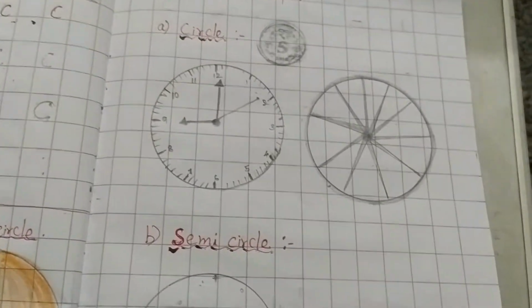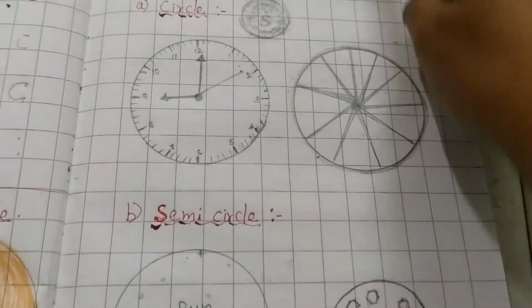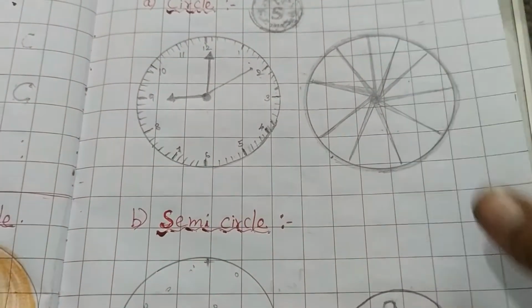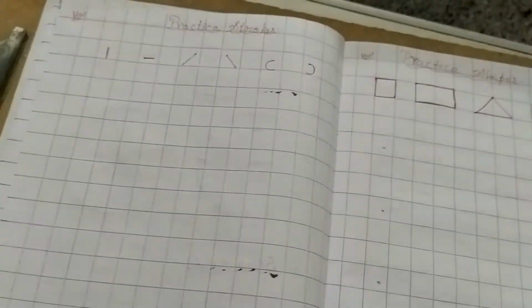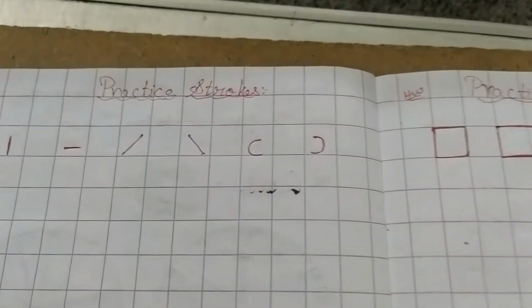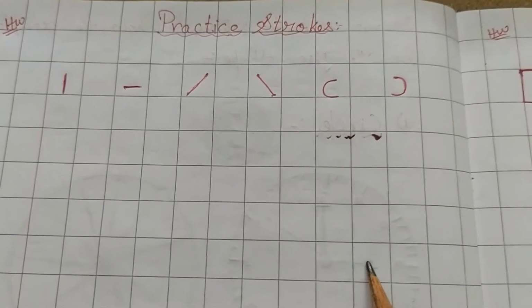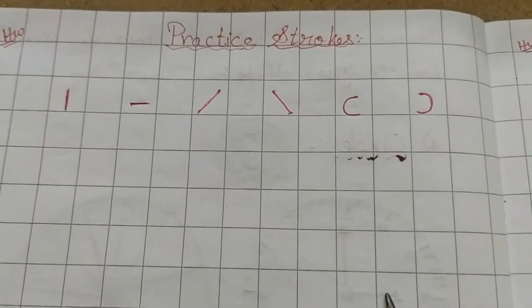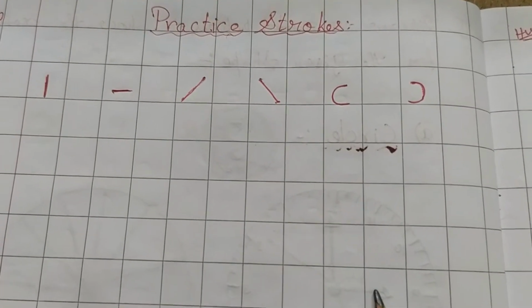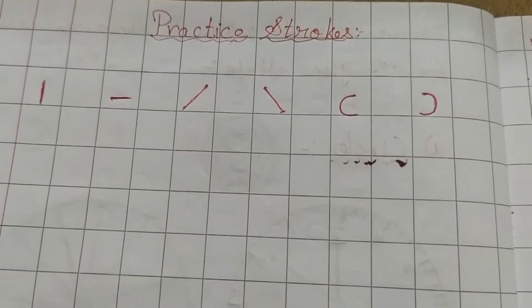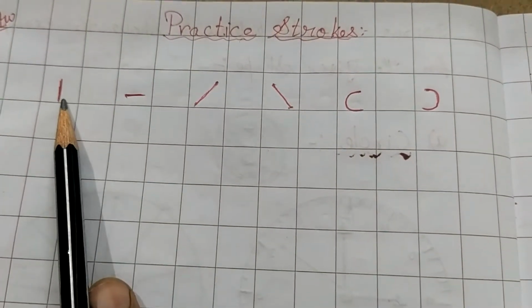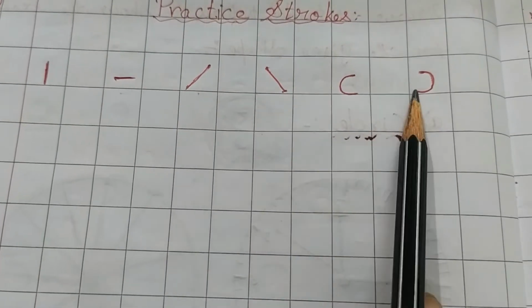So this is going to be their homework activity 1, and the next homework activity is going to be the practice of strokes. This is very, very important. The repetition and reinforcing of the concepts is very important. So please make sure you give a practice stroke, and the first line you can write and give them.